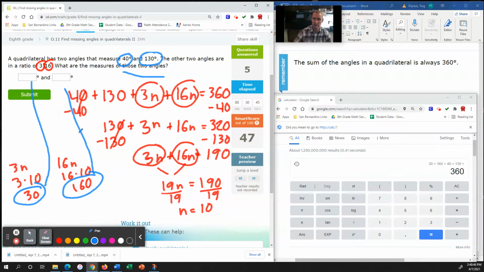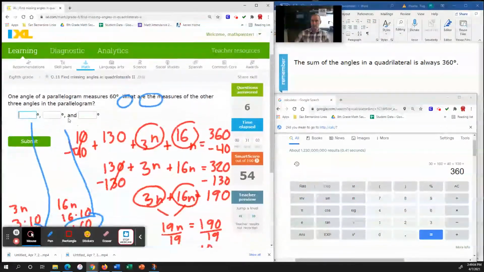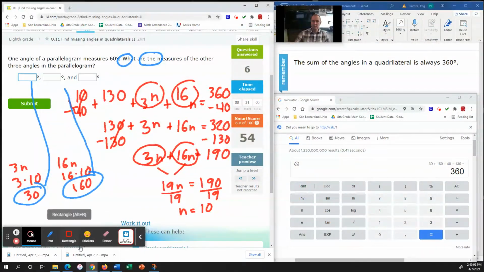So I'm going to use a 30 and a 160 in this particular case. So a 30 and 160. Careful, careful. I do not want 106. I want 160. And submit it for more right answers. So I'm at 54. Clear the screen.